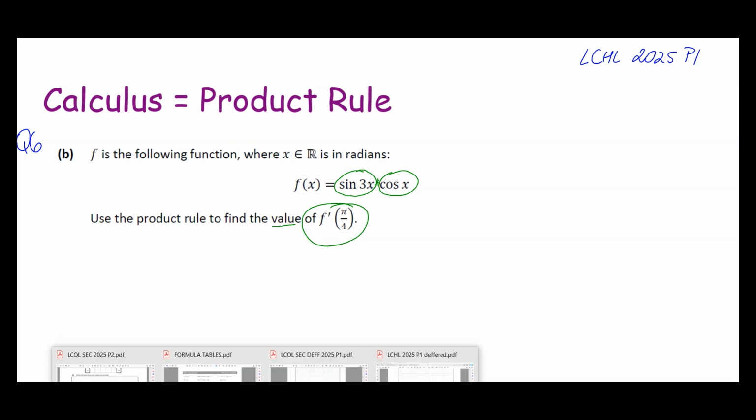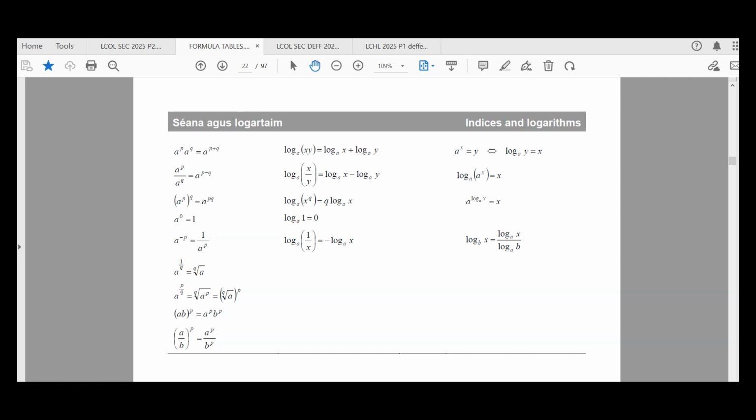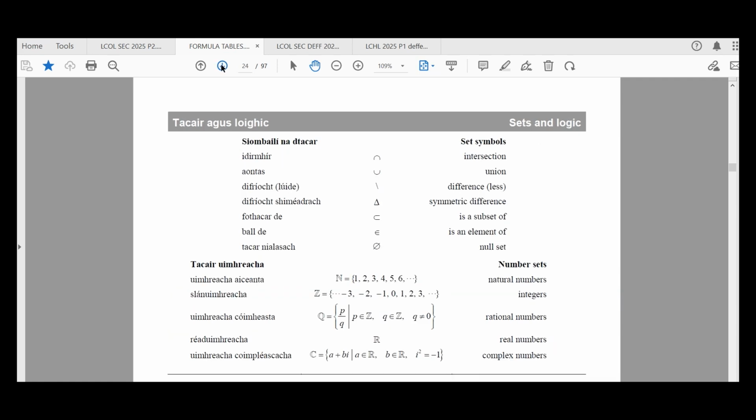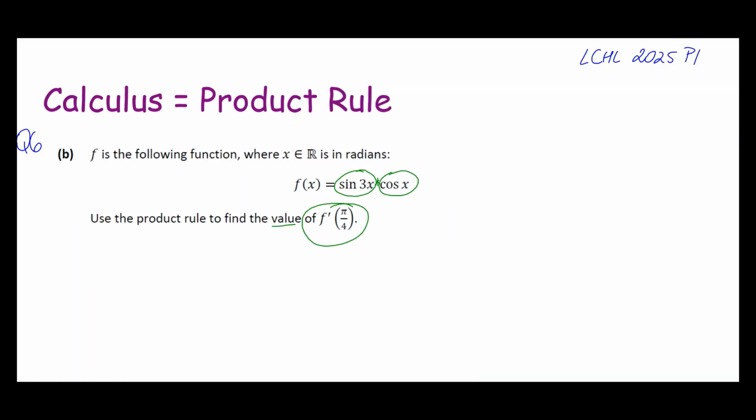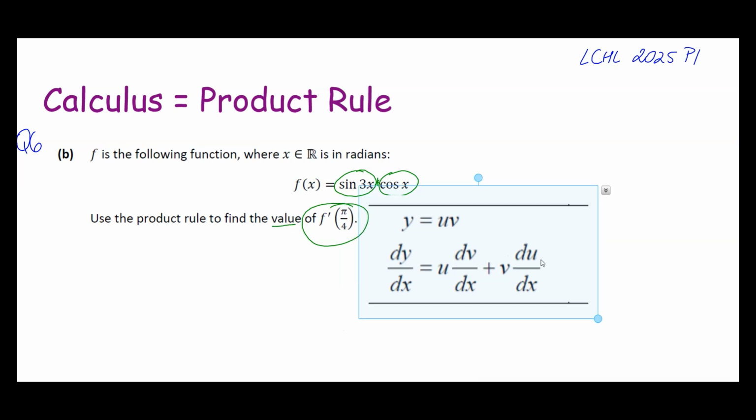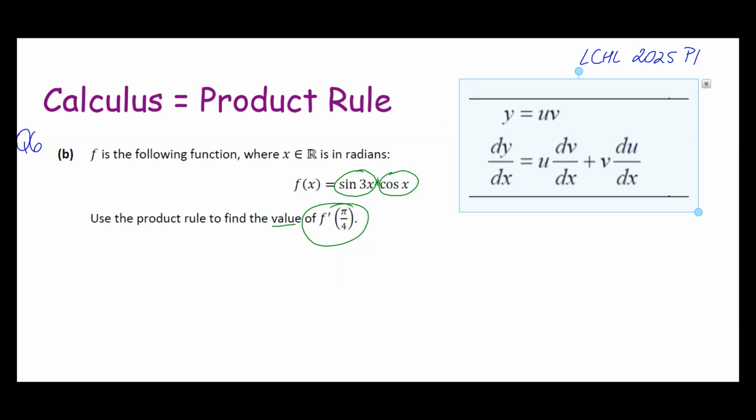Okay, so how do we do it? We go to the table and find the formula for our product rule. Now, when I'm doing either the product rule or the quotient rule, I like to write those elements out so that it's easier for me to fill them in.